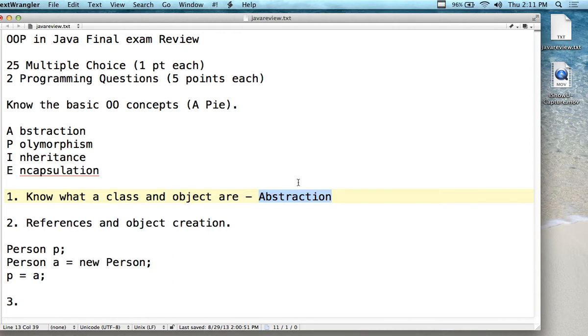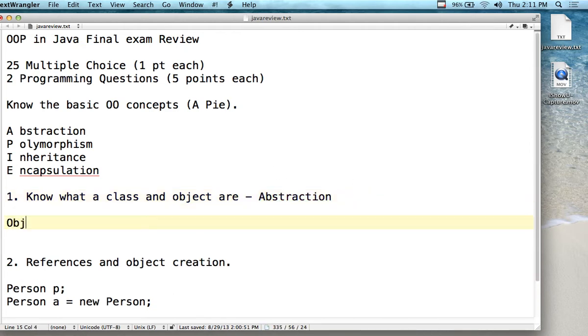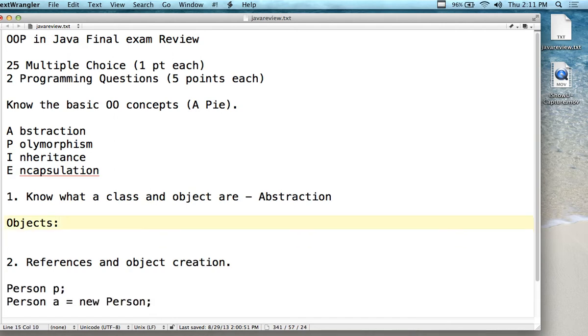Objects, let me review a little bit here. I'll put it under here. Actually, I'll ask you guys, what are the three components of an object? All objects have them. If I had a multiple choice question, and there's no multiple choice question like this, but if I said, what are the three characteristics of an object?